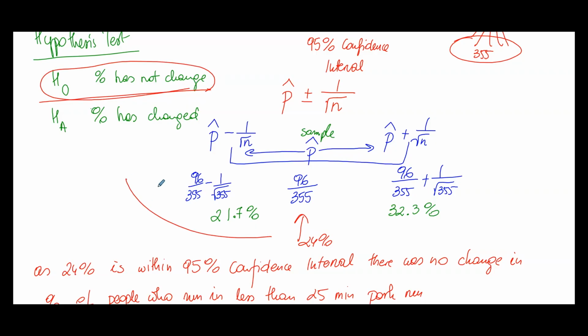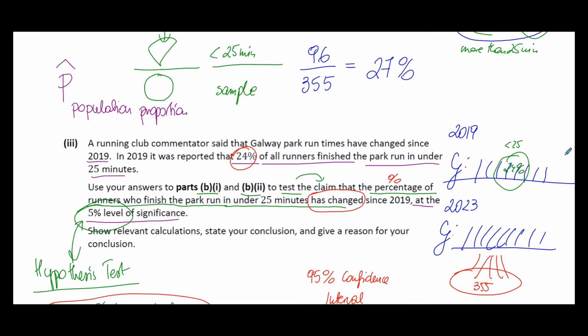If it is outside of the interval, doesn't matter which side, then we say no, things have changed. That's the outcome. We only have to refer to the context of the question, so here we refer to the percentage of runners who finish the park run in under 25 minutes.